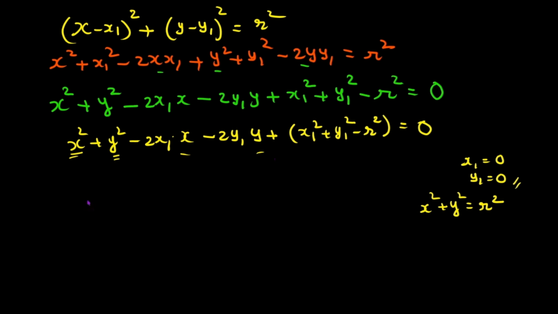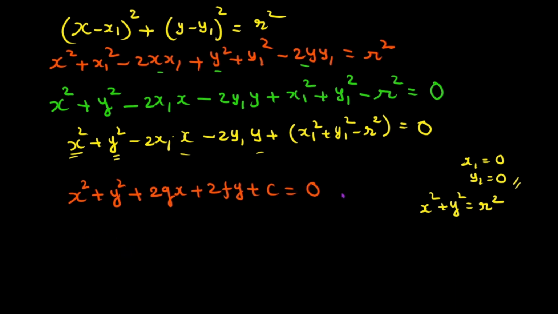Now, I will write the general form of the circle equation. Let's take the general form of the equation: x squared plus y squared plus 2gx plus 2fy plus c equal to 0. Simple, right?